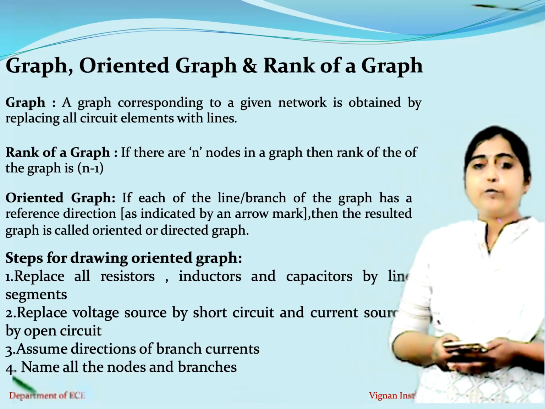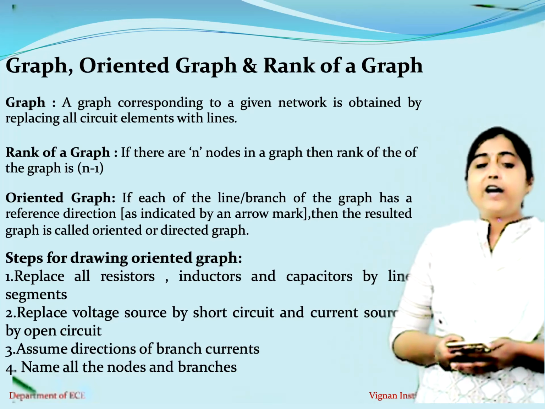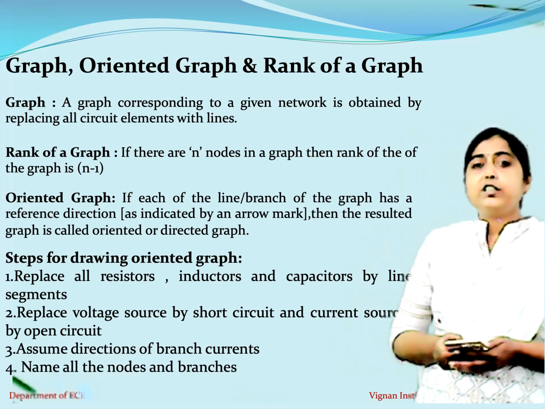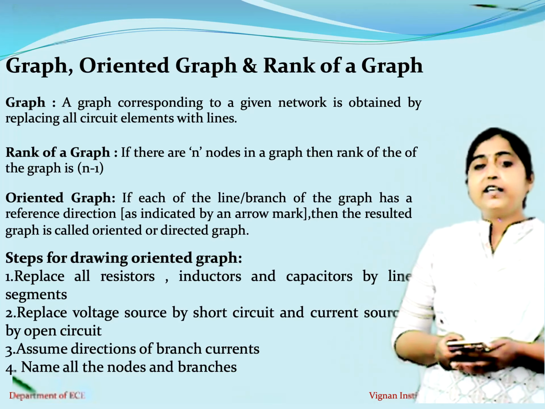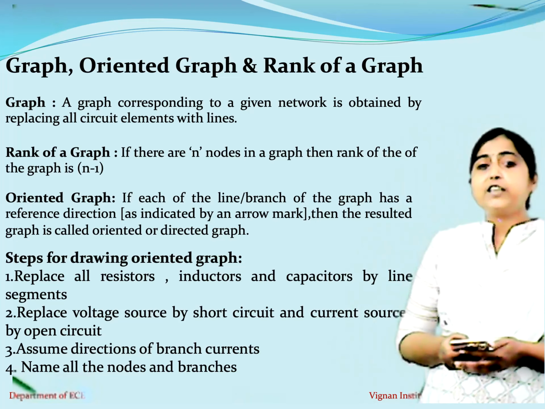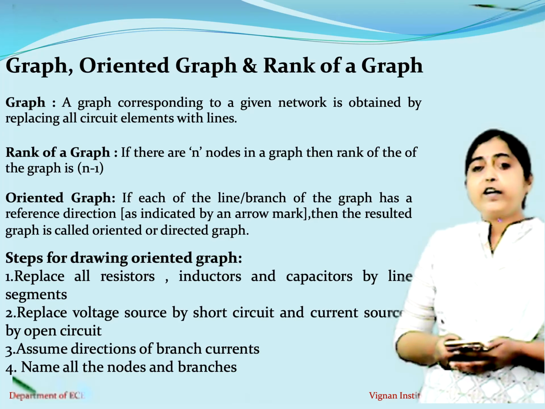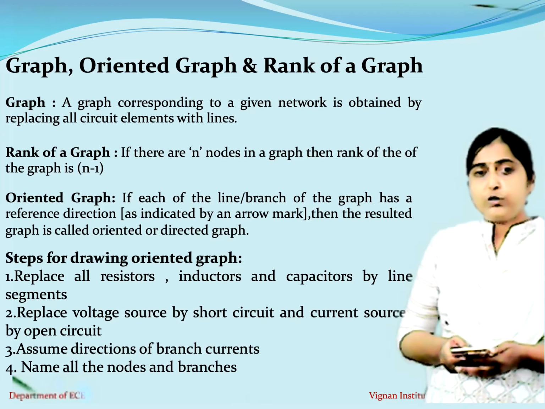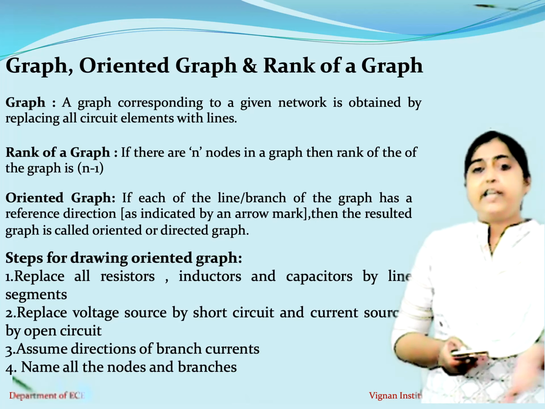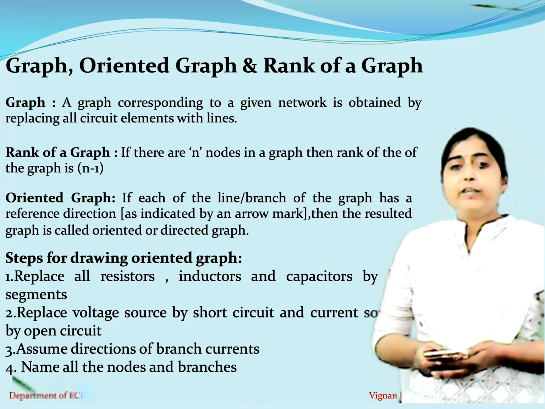This is very important, because a current source is always connected in parallel. We already discussed that when current sources are connected in parallel, the voltage across all the elements will remain the same. That is the reason why the current sources will be replaced with an open circuit. That means that branch will not exist.